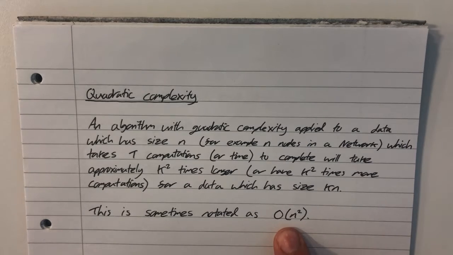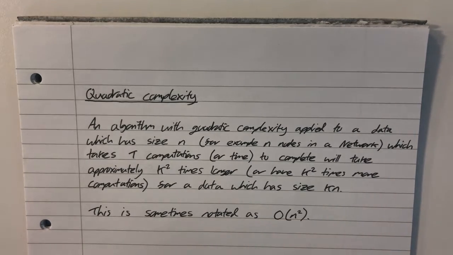And we notate this as O(n) squared. It's called big O notation, and it just means that the algorithm has an order of n squared.